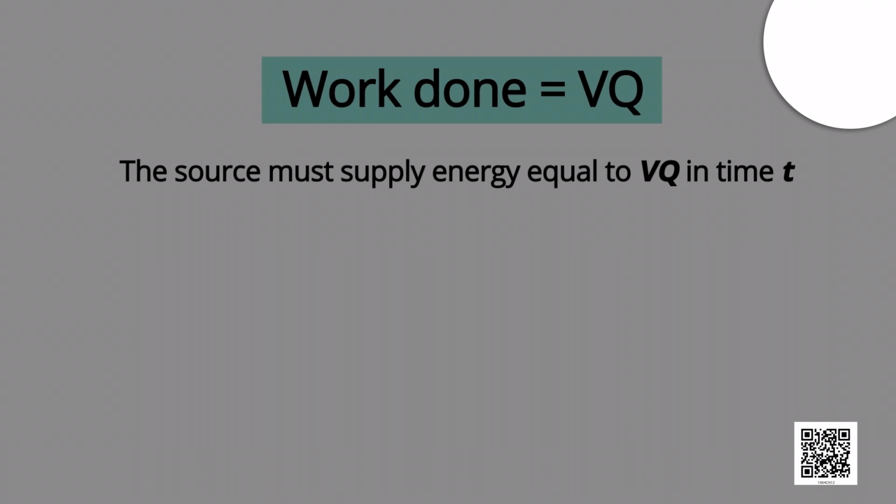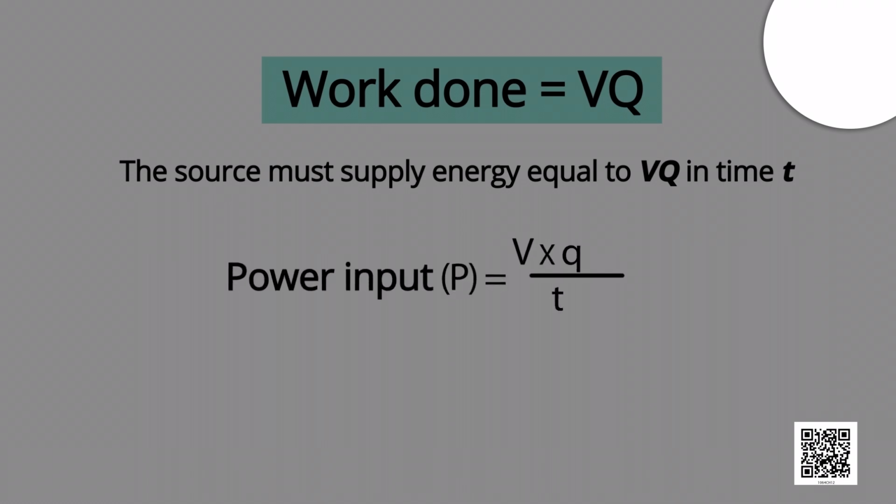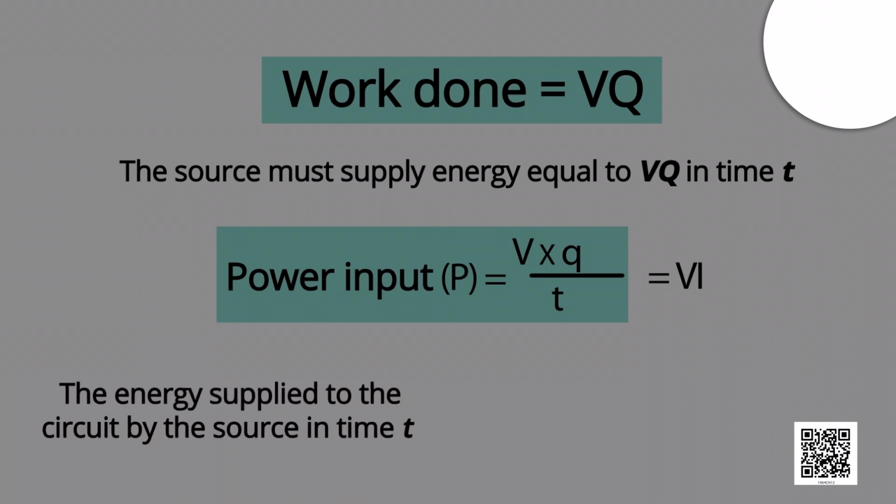Hence, the power input to the circuit by the source is P equals V into Q upon T, which is equal to V into I. Or the energy supplied to the circuit by the source in time T is P into T, that is equal to V into I into T. Now the question is, what happens to this energy expended by the source?